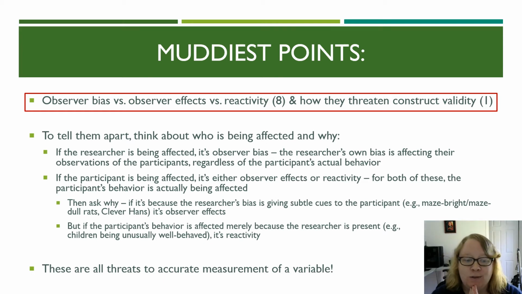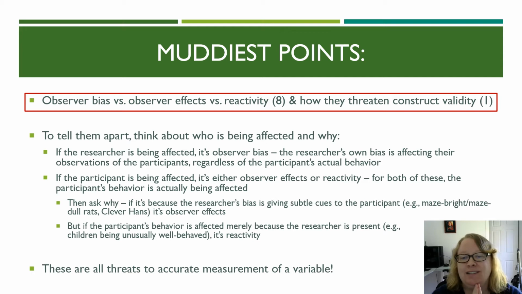So if it's the participant being affected, there's still 2 options. So then you want to ask why. So why is the participant's behavior being affected? If the reason the participant's behavior is being affected is because the researcher's bias is giving subtle cues to the participant, that would be like the maze bright, maze dull rats or Clever Hans from the textbook, right? In those cases, it was the researcher who was actually influencing the participants' responding.